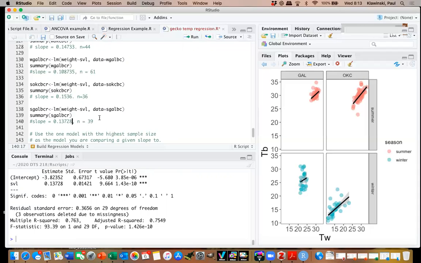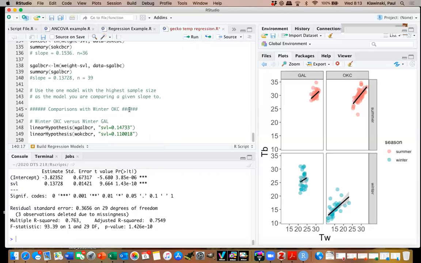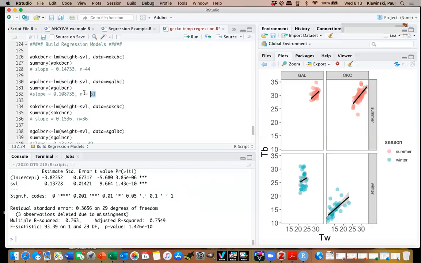So now I've run each of these models. Now you want to compare populations to one another. Let's say that I want to compare Winter Oklahoma City with Winter Galveston, so two populations in the winter. Well, I can do this one of two ways. I can use the model of Galveston that has the larger sample size, which is 61.